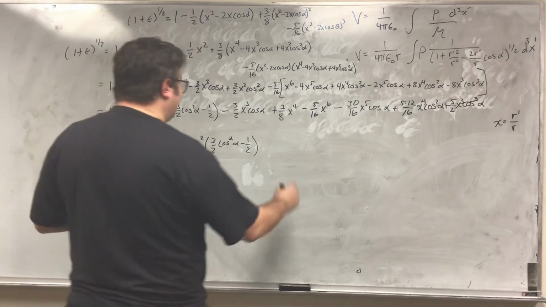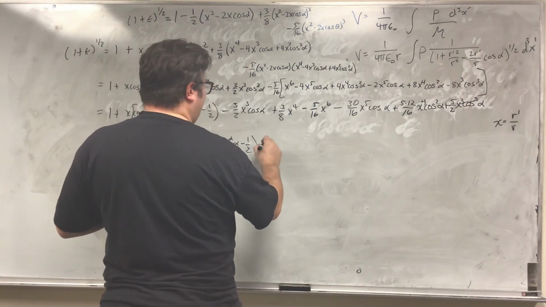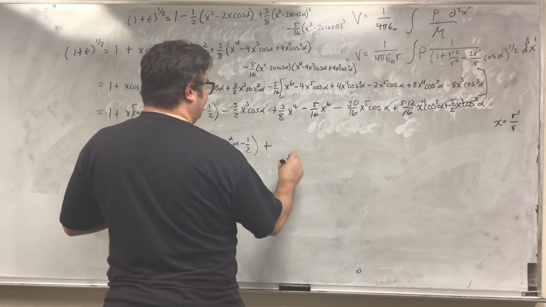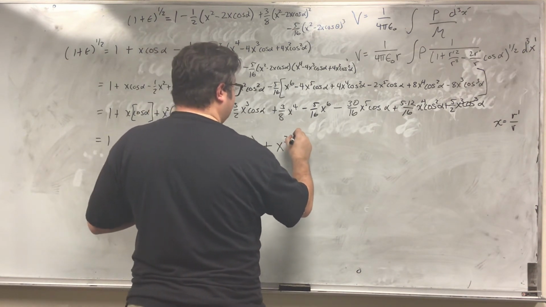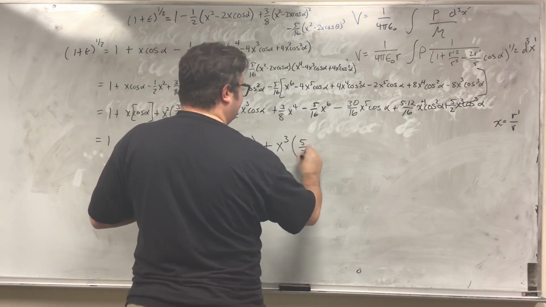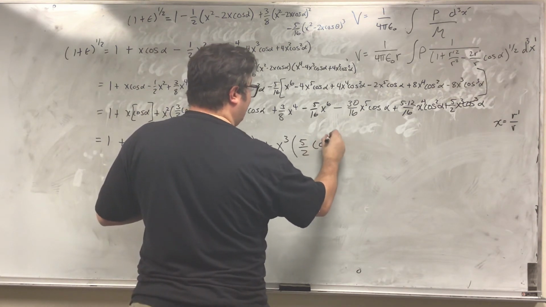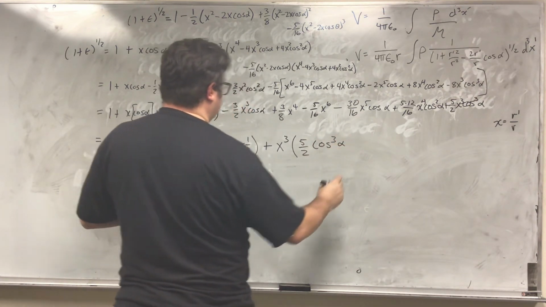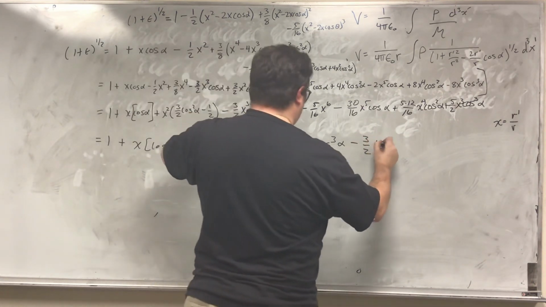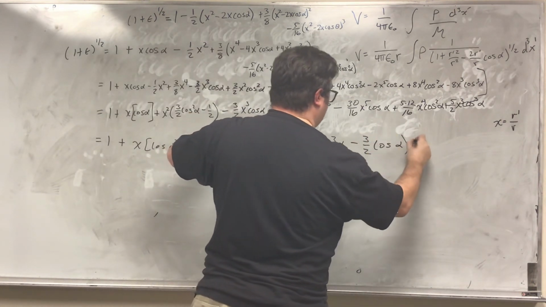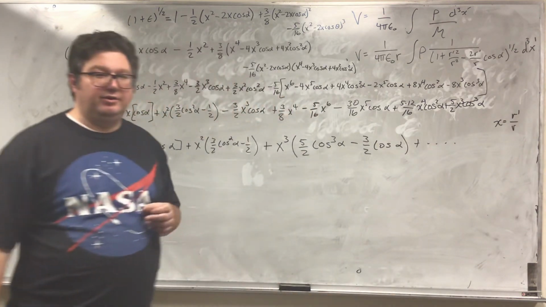And now my third term is going to be plus x cubed, right? (5/2 cosine cubed alpha minus 3/2 cosine alpha) plus dot dot dot of higher orders.